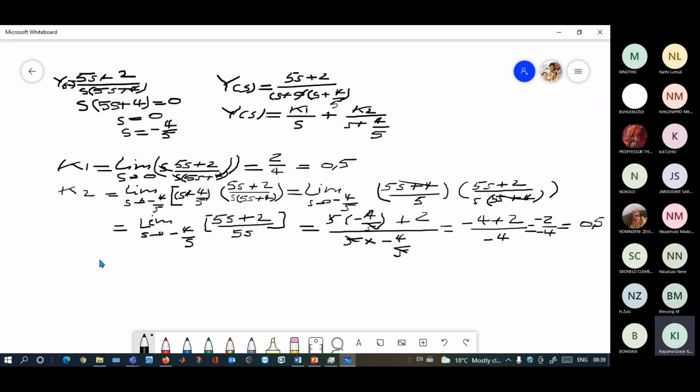So now we have the value of k1, which is equal to 0.5. K2 is equal to 0.5.